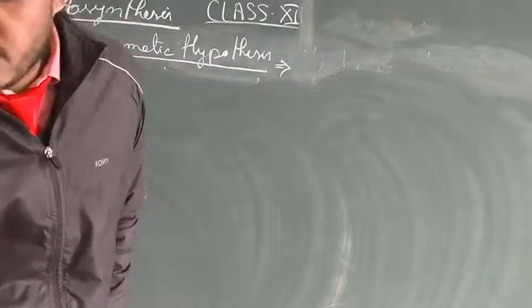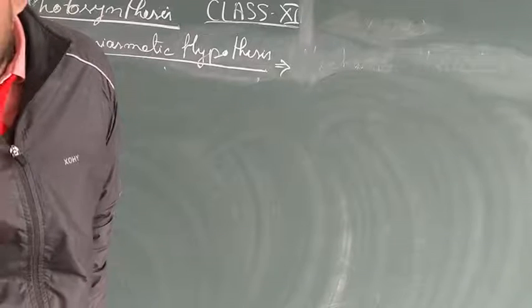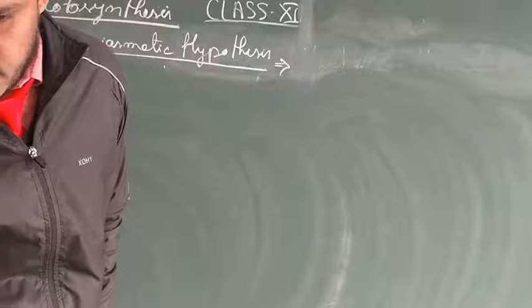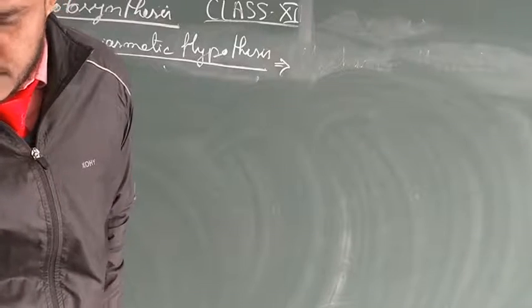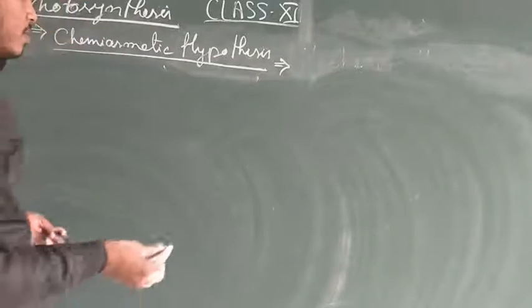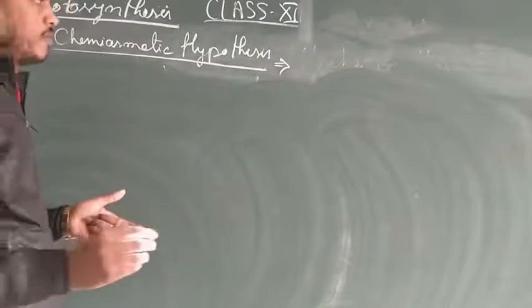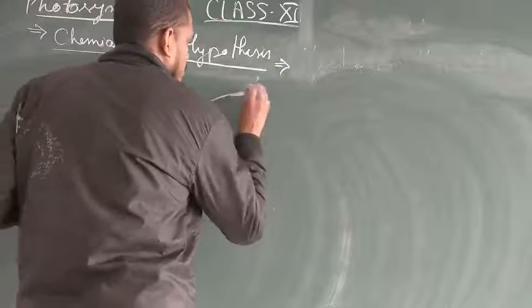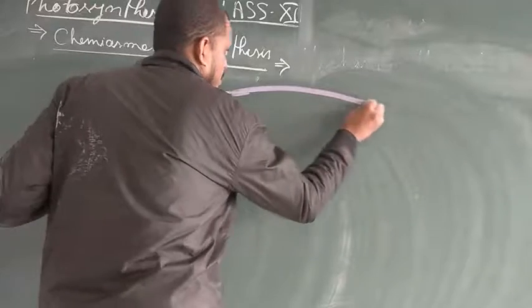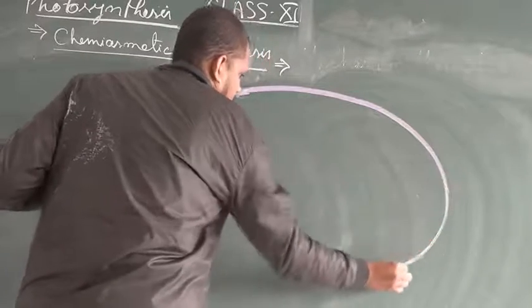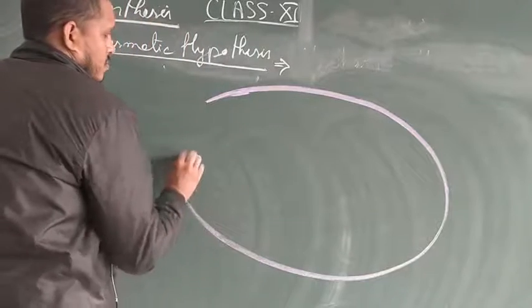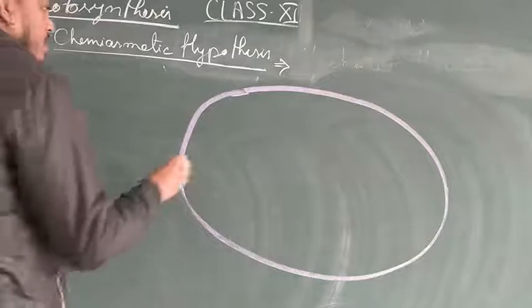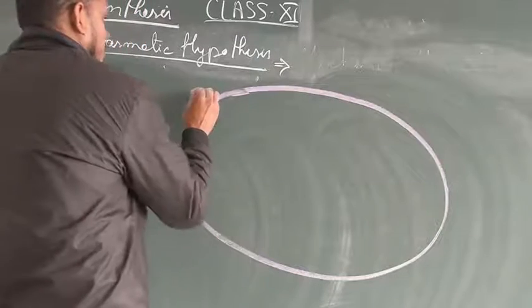Now we are going to draw a diagram. When you draw the structure of the chloroplast, the grain, it is a double membrane structure, we all know.